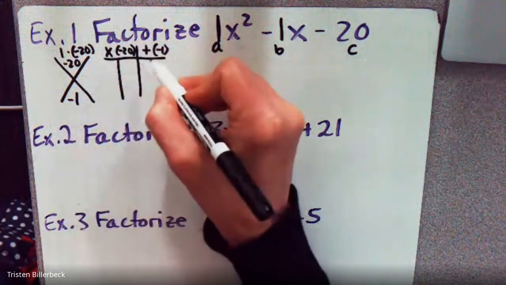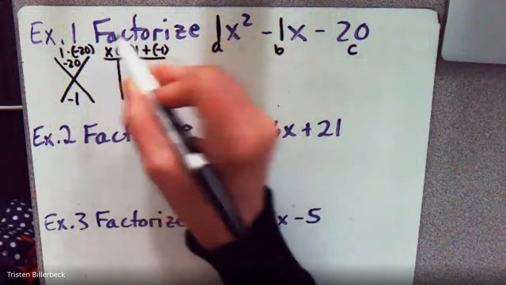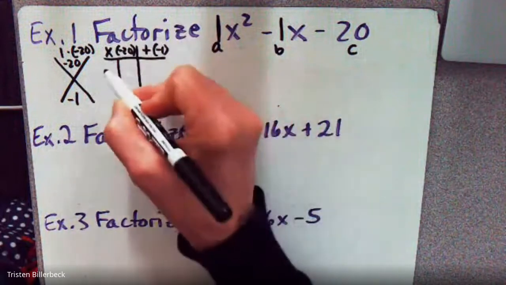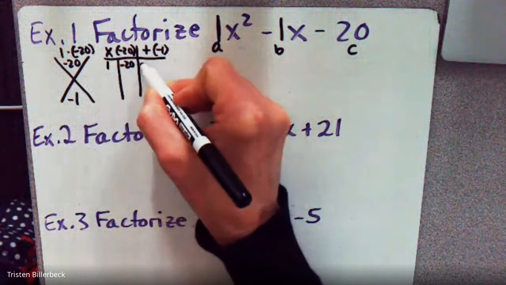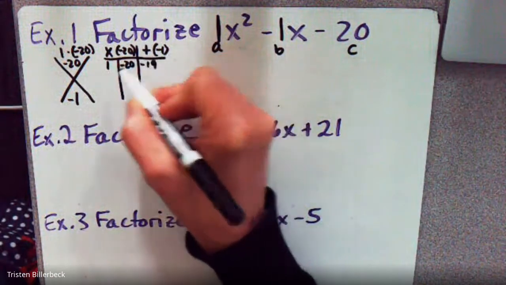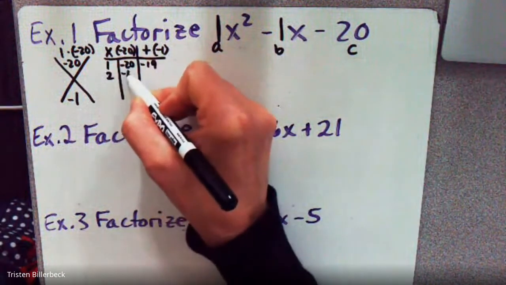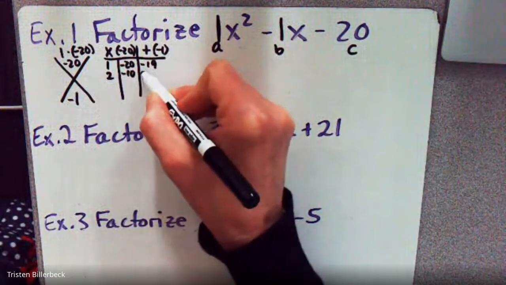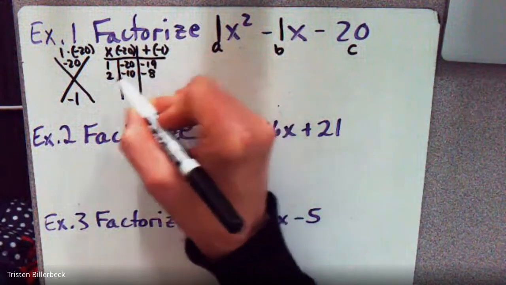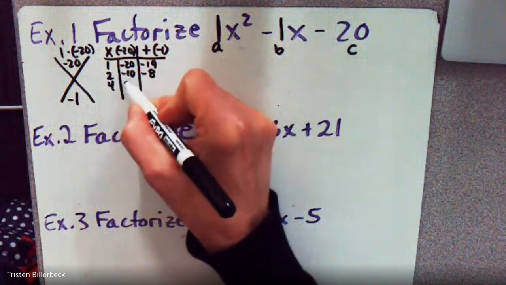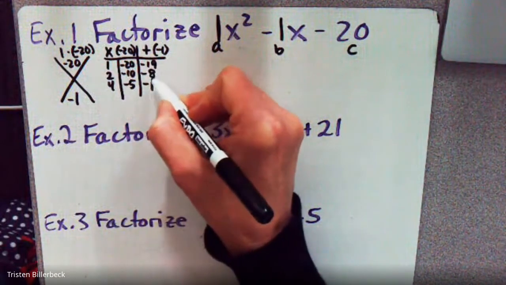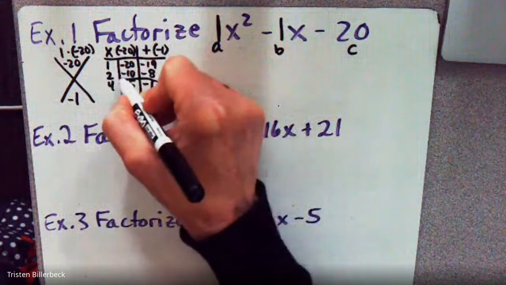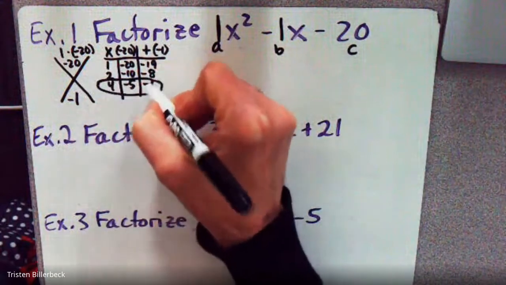We know we have a negative number, so the larger of the factors is negative. So 1, negative 20, but when we add that together, we get negative 19. We have 2, negative 10, we add that together, we get negative 8. Then we have 4, negative 5, and we add that together, and we get negative 1. So that's our winner right there.